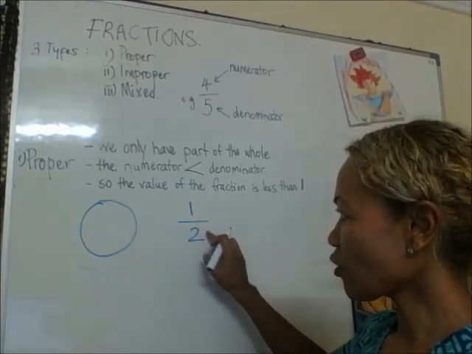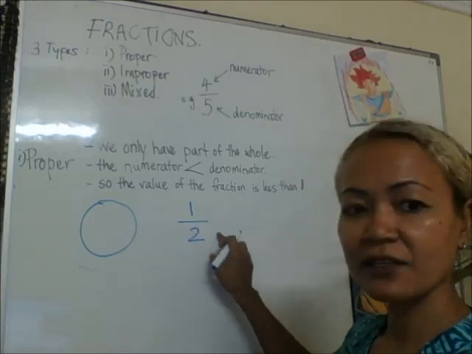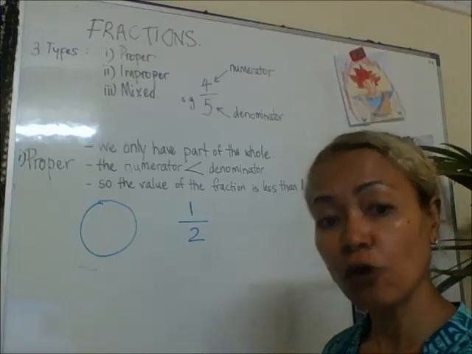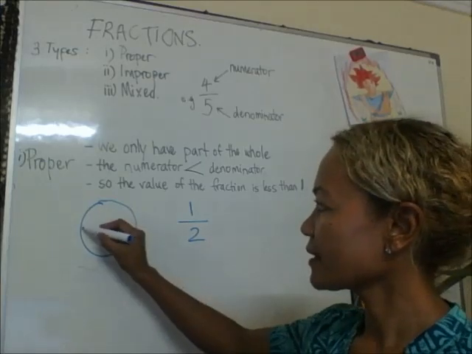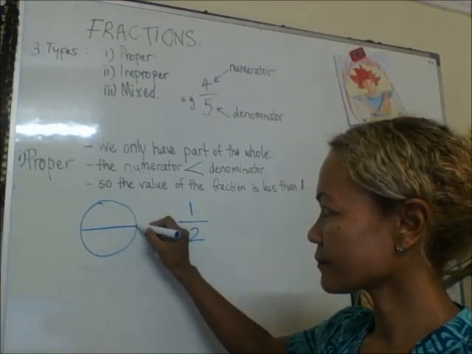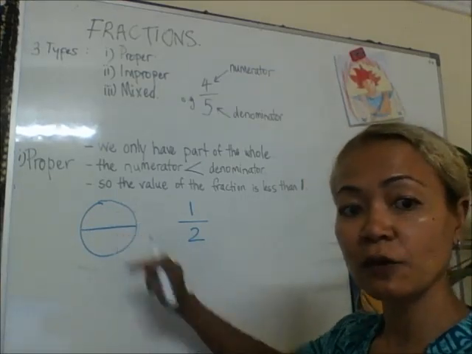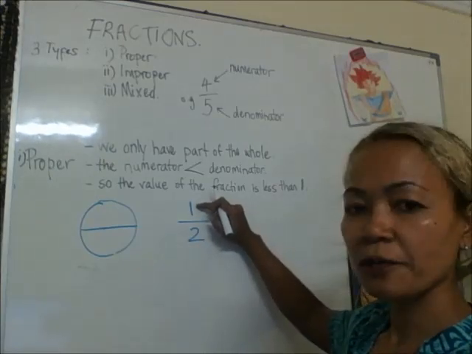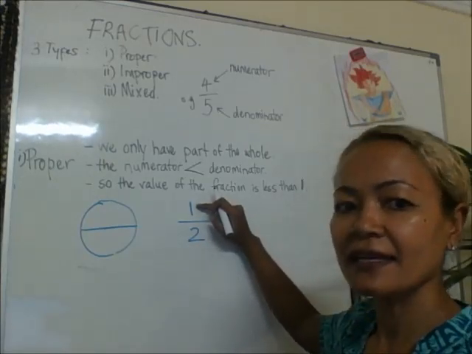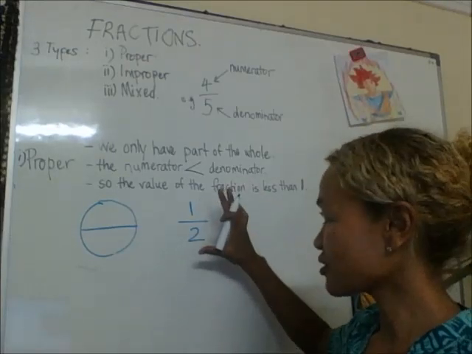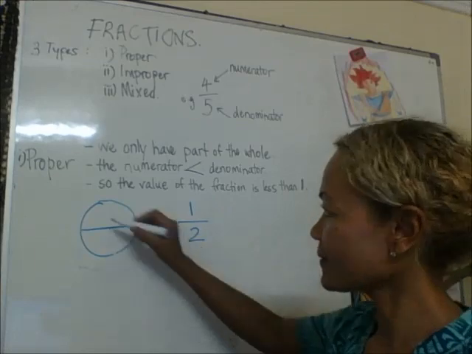So say the whole is split into 2 parts. The bottom shows how many parts the whole is split into. This is the whole. If we split it into 2 equal parts, the top shows how many of the parts of the whole is actually represented by the fraction.